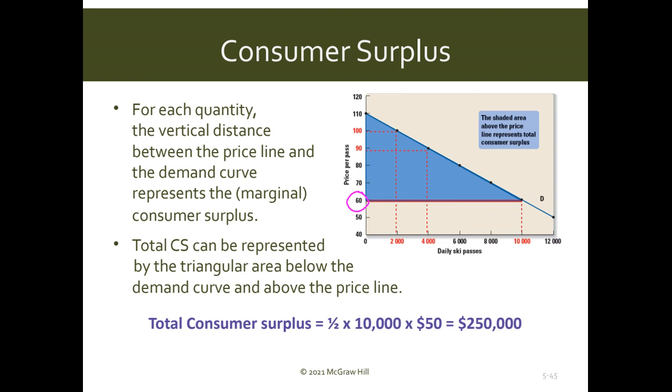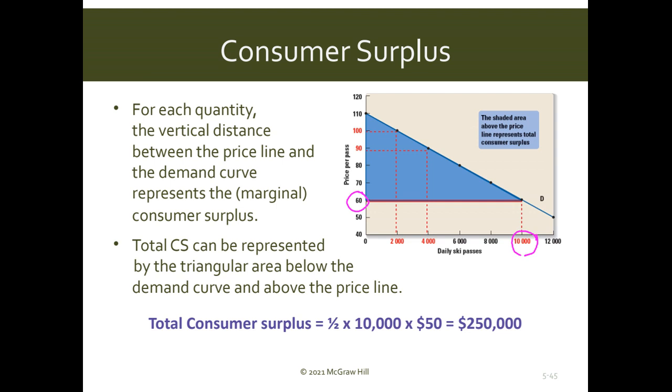So what I'm saying basically is that consumers are buying 10,000 passes at what price? At 60. This is the market. But according to the demand curve, this is the total market demand curve, consumers are getting consumer surplus. Why?